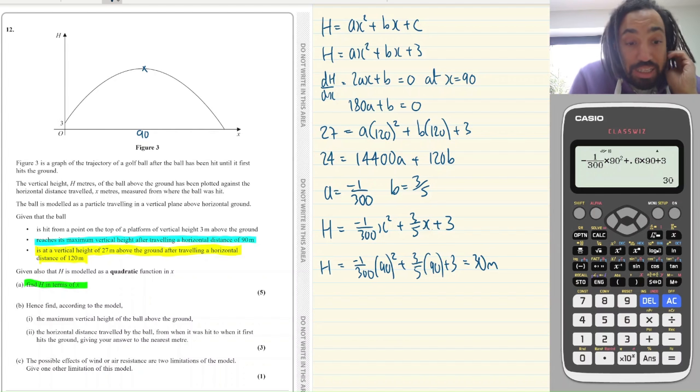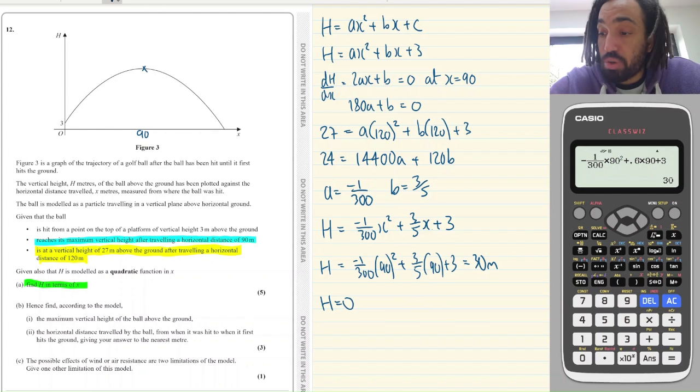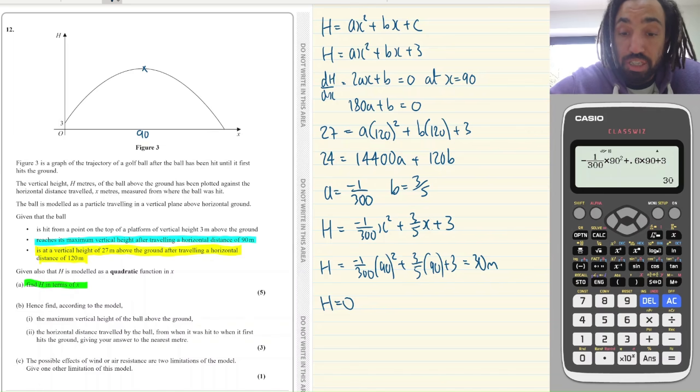And then the horizontal distance traveled by the ball from when it was first hit to when it hits the ground again. So when it hits the ground again, we need the height to be 0. So I'll need to solve that quadratic equation when it's equal to 0 to get an x value out.